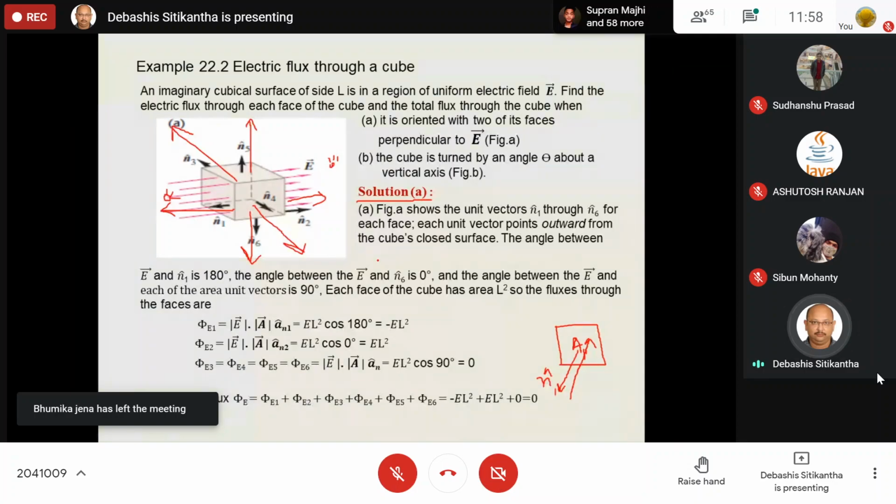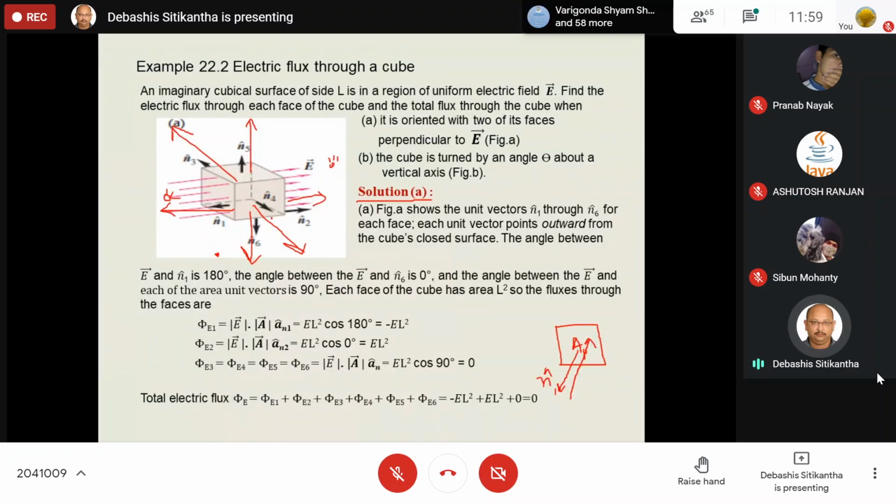The reference from where we are seeing the entire scenario must be outside. So if I am outside, obviously all the unit vectors of the areas will be outwards. That is the reason from the very beginning I told you that you have to see this entire scenario as a whole.